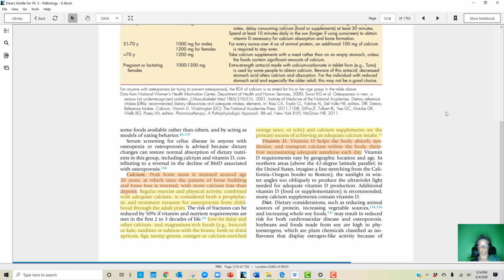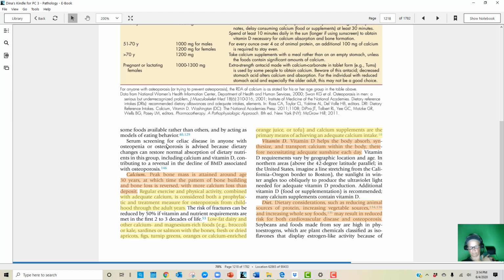Diet. Dietary considerations, such as reducing animal sources of protein, increasing vegetable sources, and increasing whole soy foods, may result in reduced risk for both cardiovascular disease and osteoporosis.